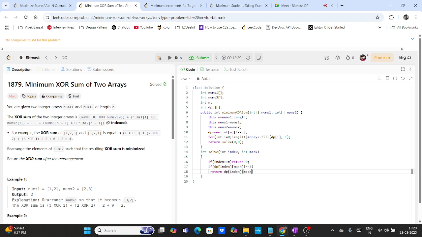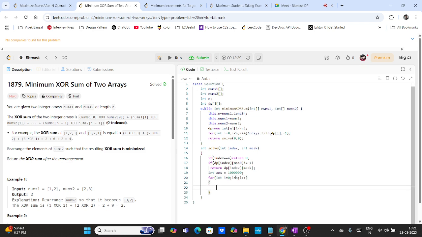Now what we need is the minimum answer, right? So let's define it with some I value. For int I equals 0, I less than n, I plus plus. What we will check, if mask and one left shift of I equals 0, that means I can take this, right?